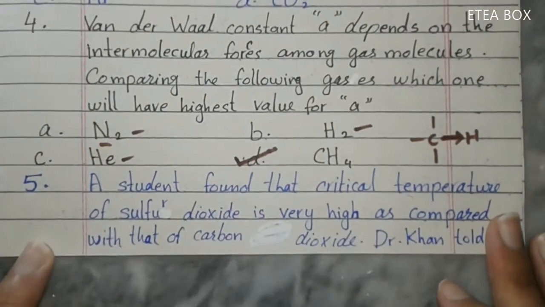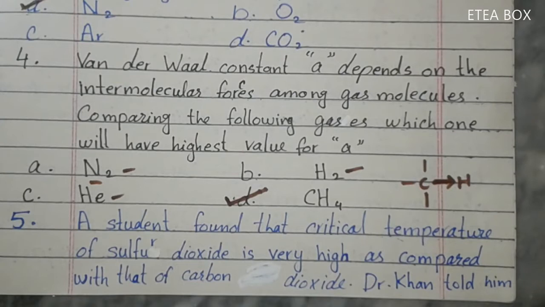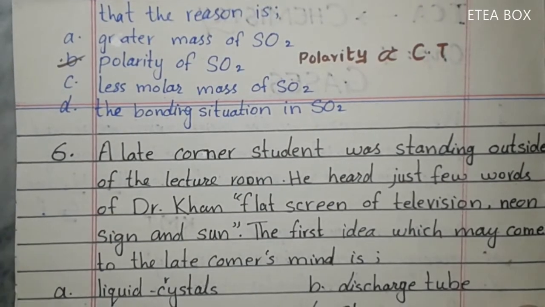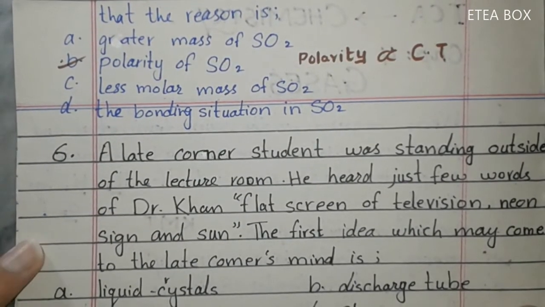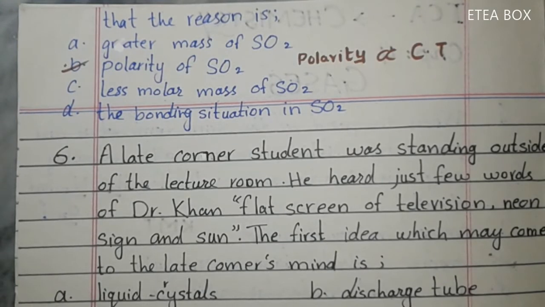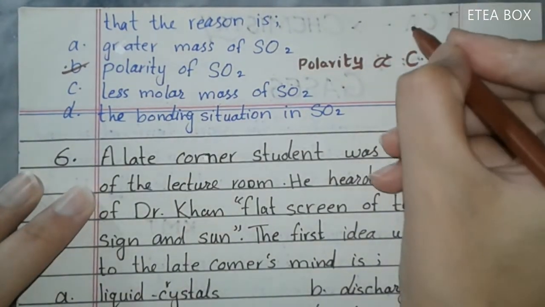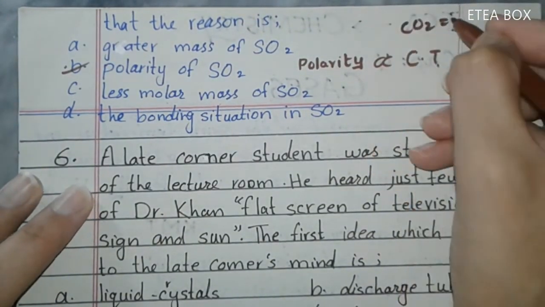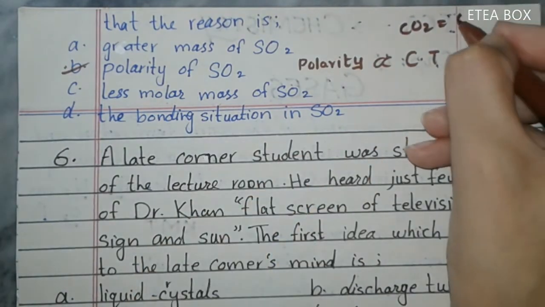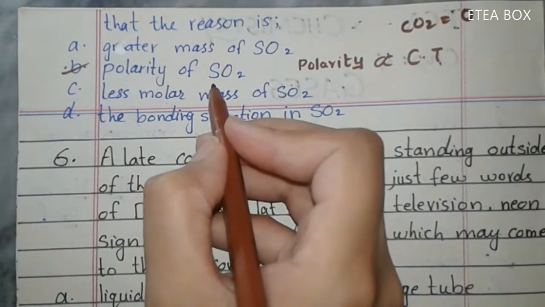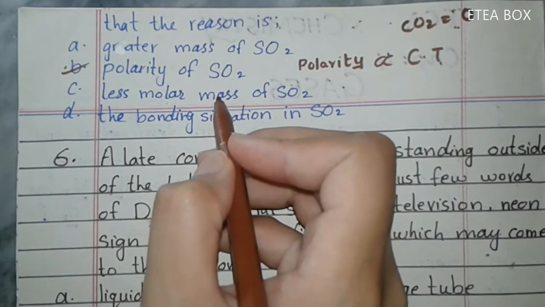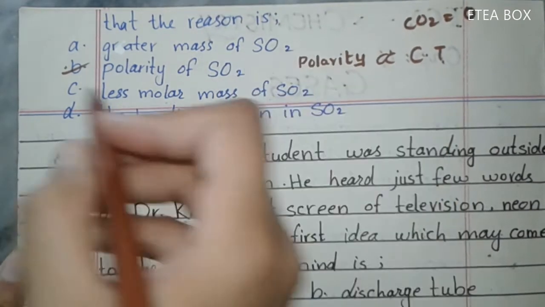Next one. A student found that the critical temperature of sulfur dioxide is very high compared to carbon dioxide. Dr. Khan told him that the reason is... In the MCQ, two gases are given, sulfur dioxide and carbon dioxide. We know that carbon dioxide has zero dipole moment, while sulfur dioxide has non-zero dipole moment, so the polarity of sulfur dioxide will be present.